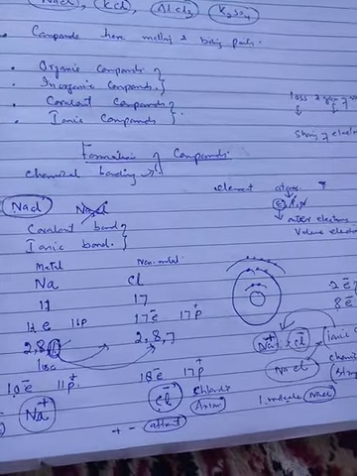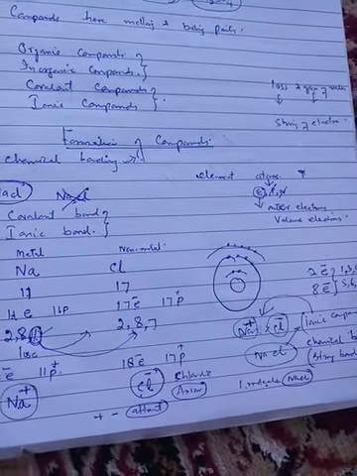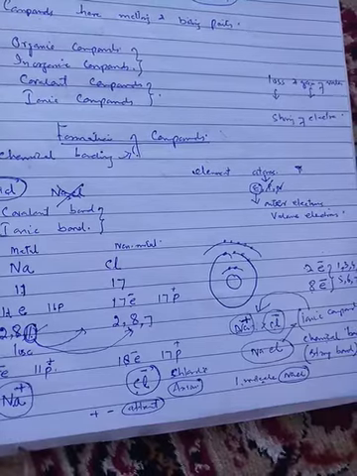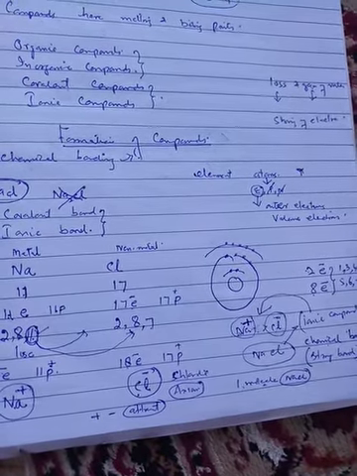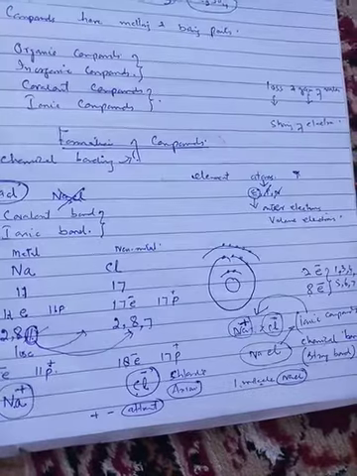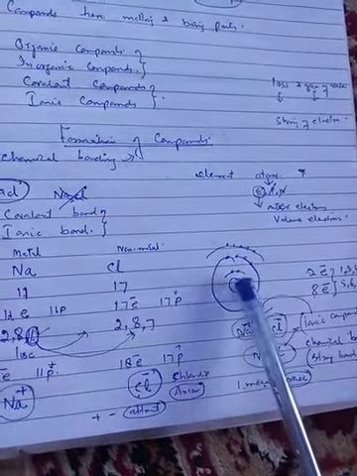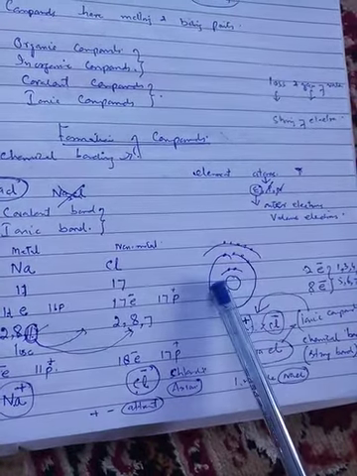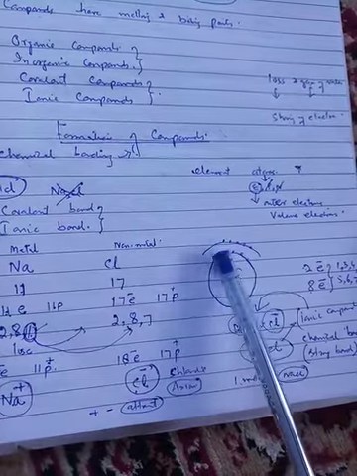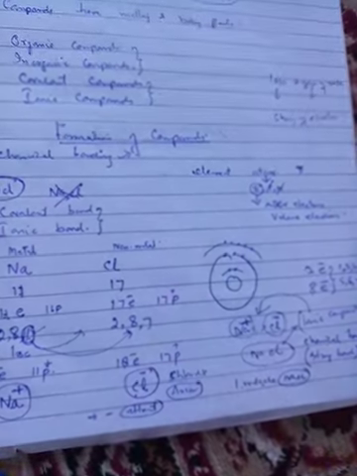Dear students, as we know, an element is basically made up of atoms, and atoms have a spherical structure like this, having a nucleus in the center, and then there are shells. The first shell is the K shell, then L, M, N shell, likewise.